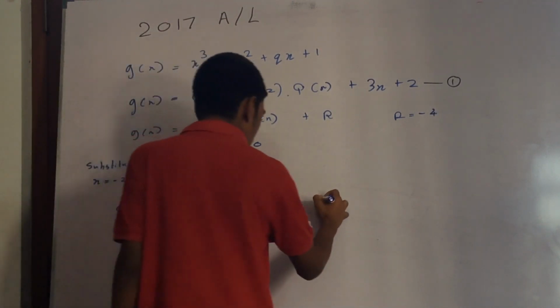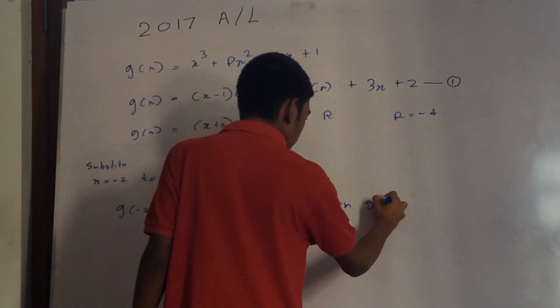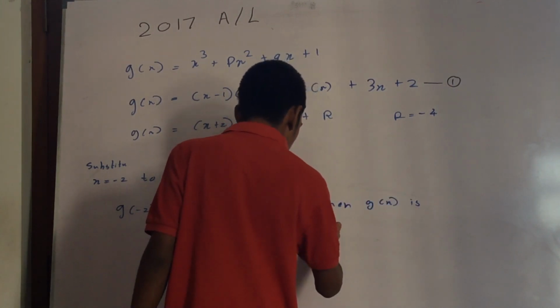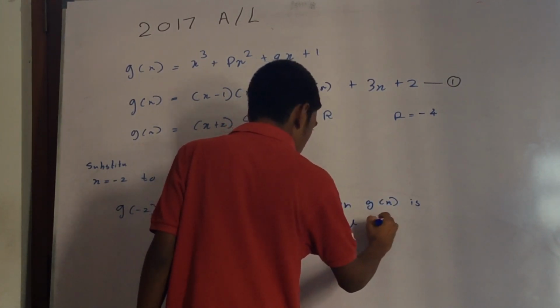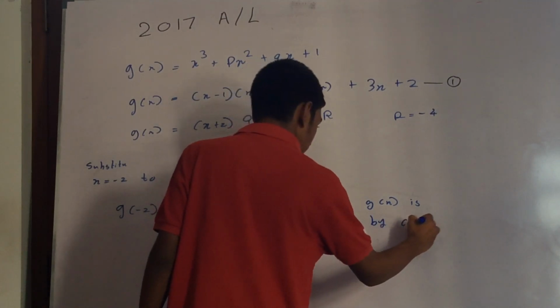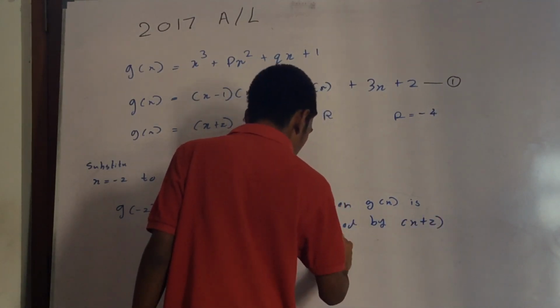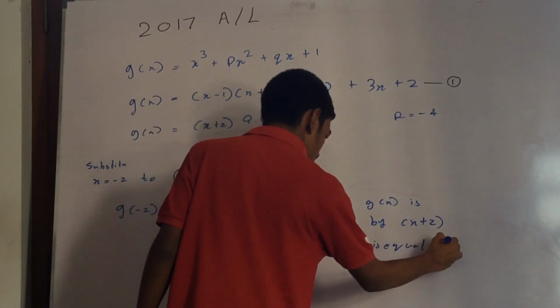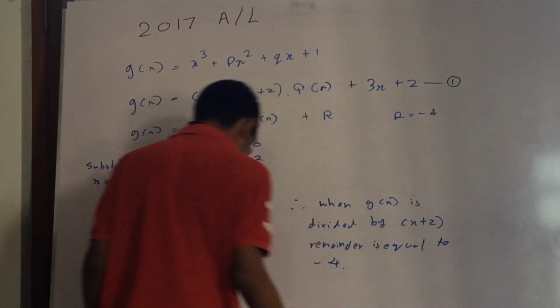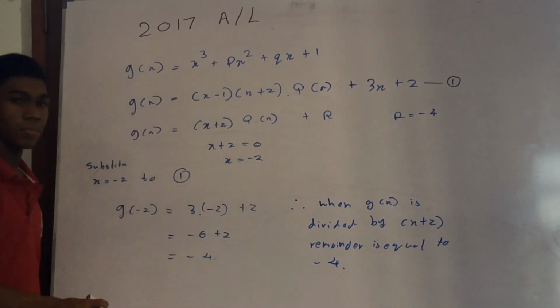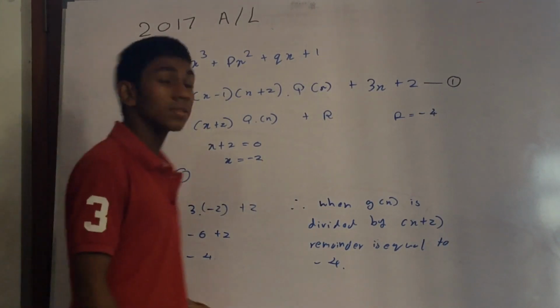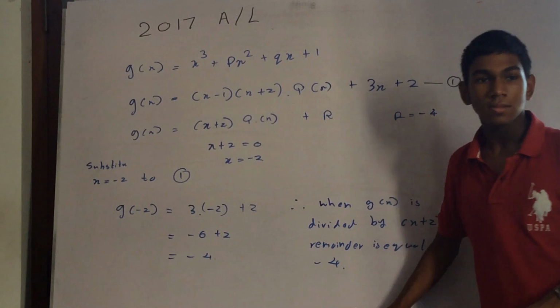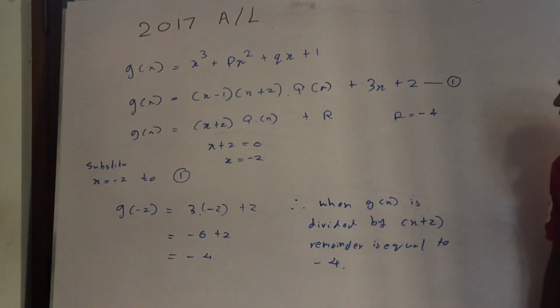Therefore, when g(x) is divided by x plus 2, the remainder is equal to minus 4. So this is the second part of the 2017 question.